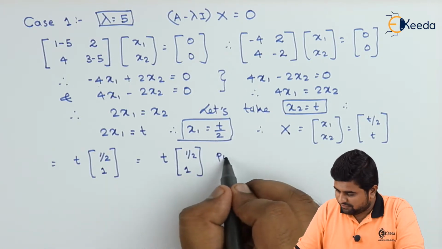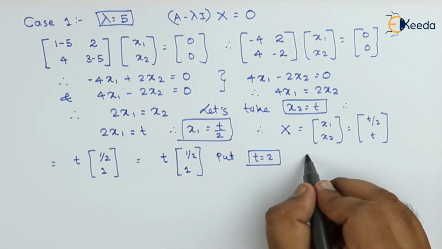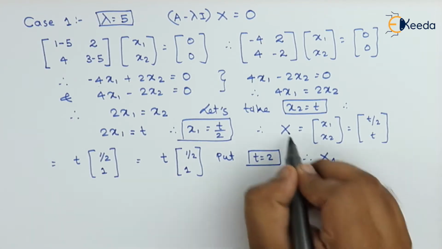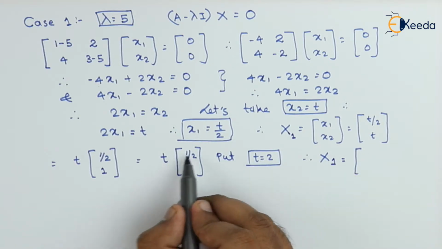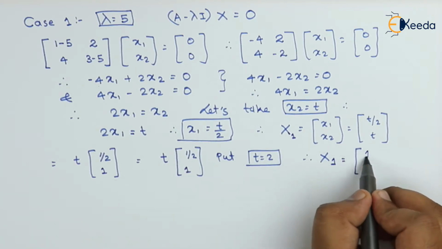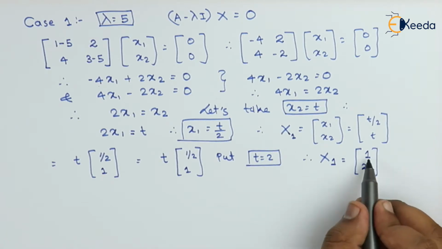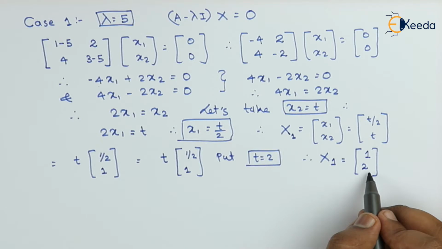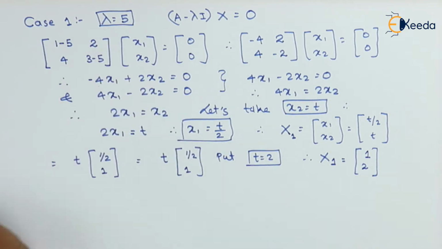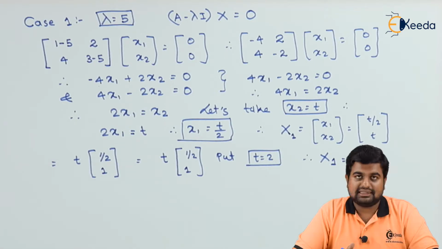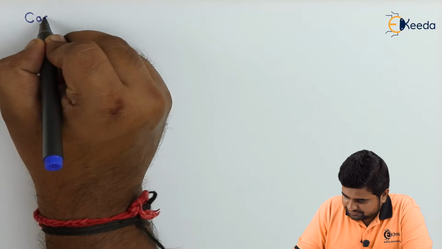We can now put t is equal to 2, and we'll be having therefore x1, the first vector, as 2 into 1 by 2, which is going to be 1, and 2 into 1, which is going to be 2. So x1 as 1 comma 2 is going to be an eigenvector for this particular value lambda is equal to 5. Now let us calculate another eigenvector for the second value, which is lambda is equal to minus 1.